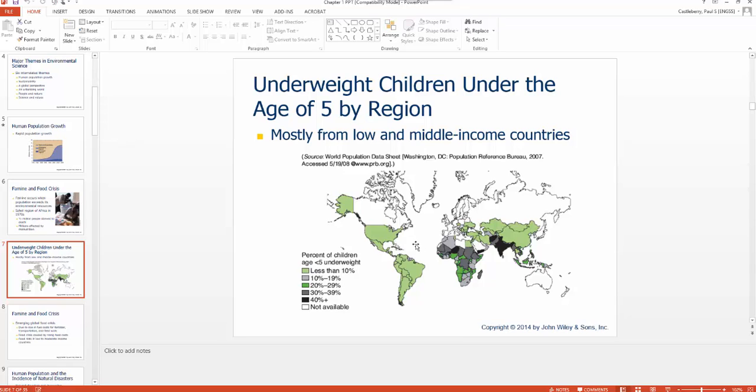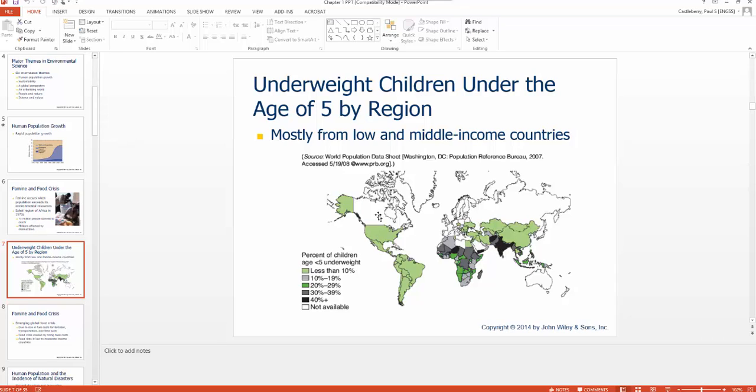But you go into some of the underdeveloped regions, we talked about the Sahel region, we see that anywhere from 30 to 40+% of children under 5 are underweight. You look at India, it's almost half of the children under 5 that are malnourished.